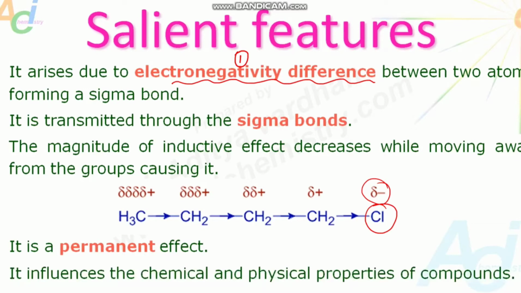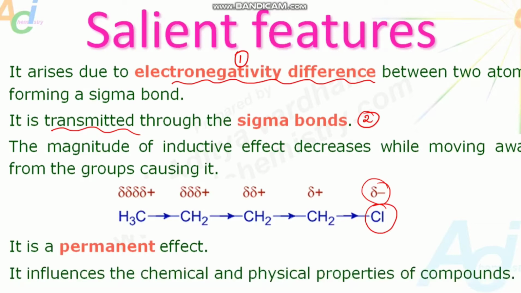Since the electrons are moving towards the chlorine, a small positive charge is developed on this carbon, and this positive charge will cause the electrons of the next bond to move towards this atom, thereby creating another small positive charge on this atom. So this is transmitted. We can say that the inductive effect is transmitted through sigma bonds. That is point number 2.